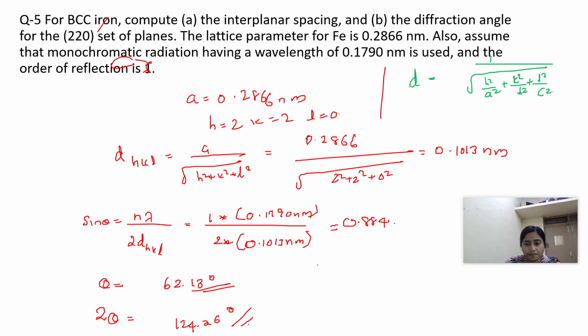Normally, yes. Even XRD uses that. See here, these are the atoms, and light is coming. We can call this point A, this point B. Light is coming and reflecting from here. This angle we are calling theta.